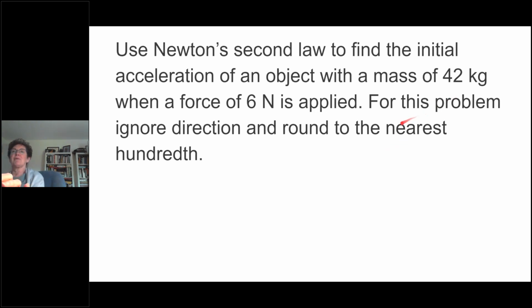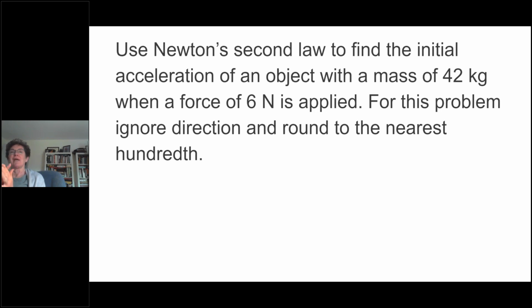So as an aside, when this says ignore the direction and round to the nearest hundredth: acceleration as a scientific term includes not only the magnitude, or how fast you want the object to go, it also includes the direction. So that's what's called a vector.